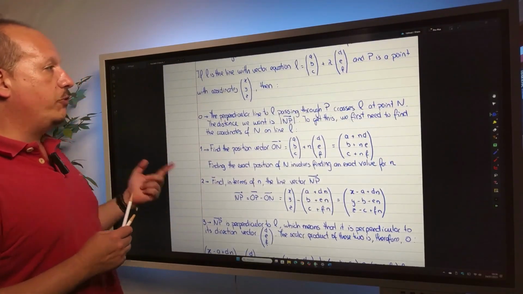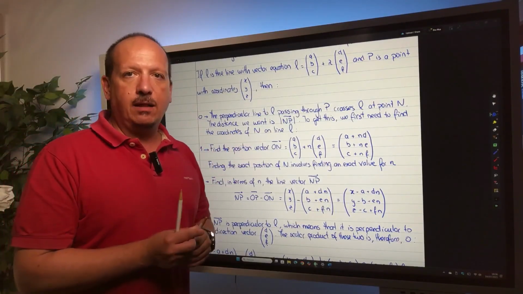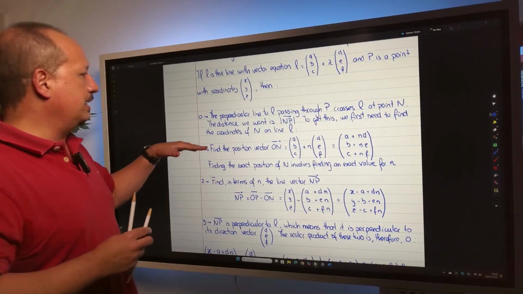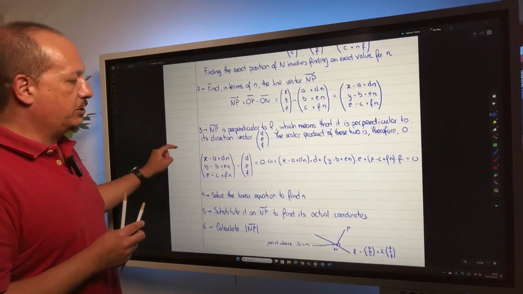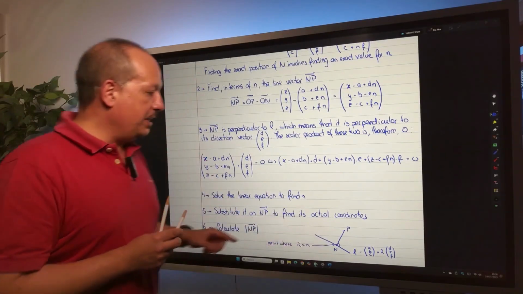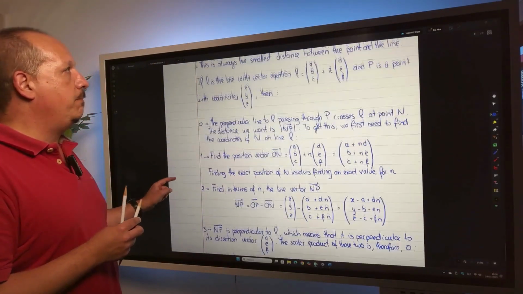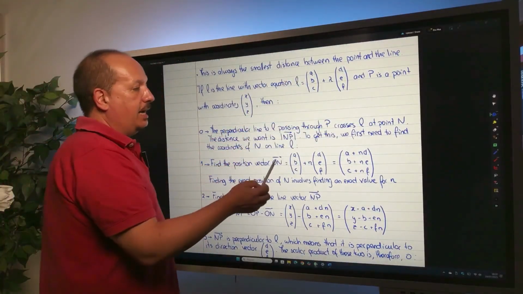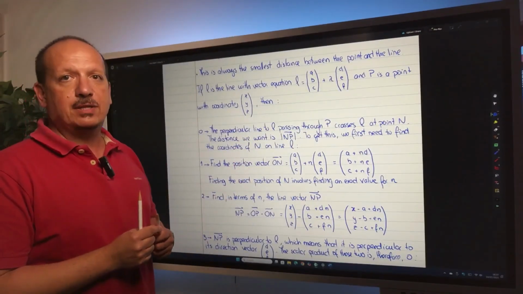To get this, we first need to find the coordinates of N on line L. So let's start with that. The first thing is to find the position vector ON, that is, the position vector of the point N, which is on line L. If it is on line L, then the position vector is going to be based on the equation of line L, and is going to have a particular value of lambda, the multiplier.